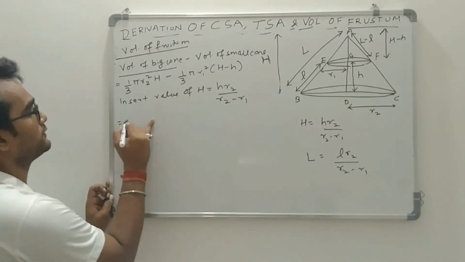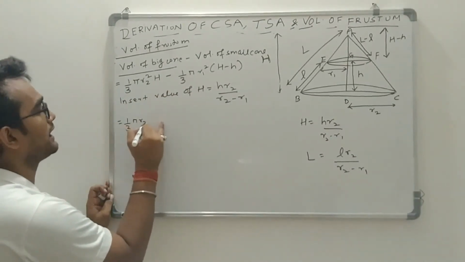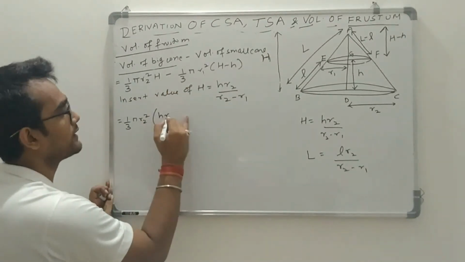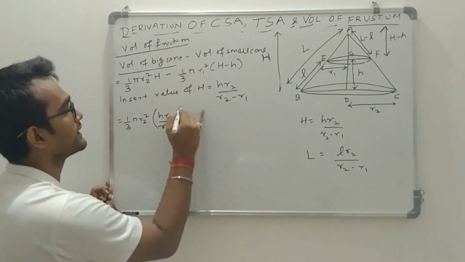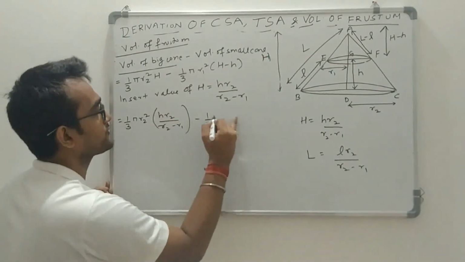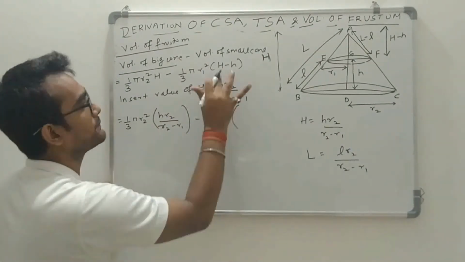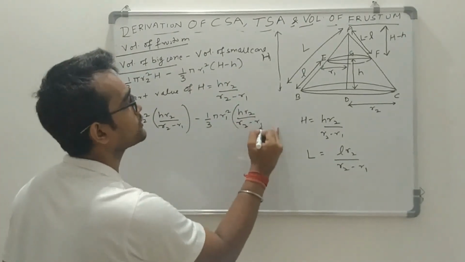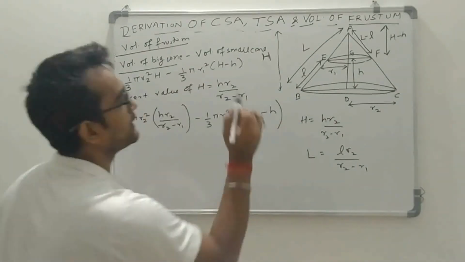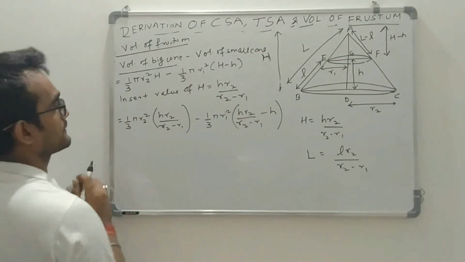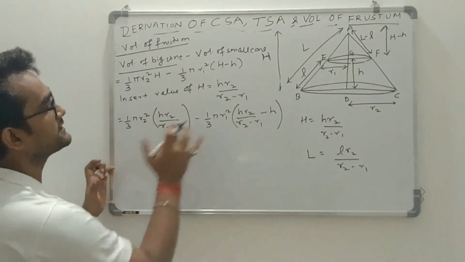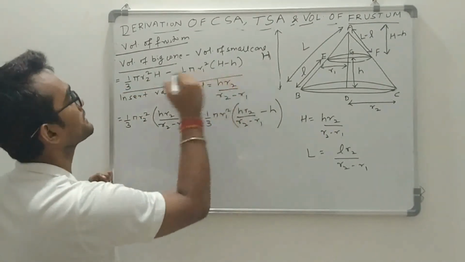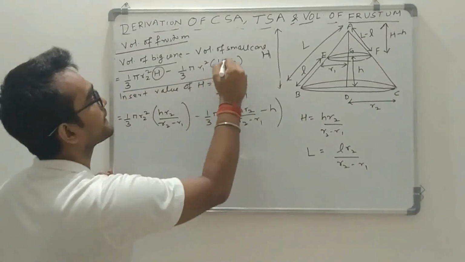By inserting the value, I will get 1 by 3 pi r2 square, in place of capital H I have inserted this value hr2 upon r2 minus r1, minus 1 by 3 pi r1 square, in place of capital H I have inserted the value hr2 upon r2 minus r1 minus small h. I have inserted this value of capital H here and here.